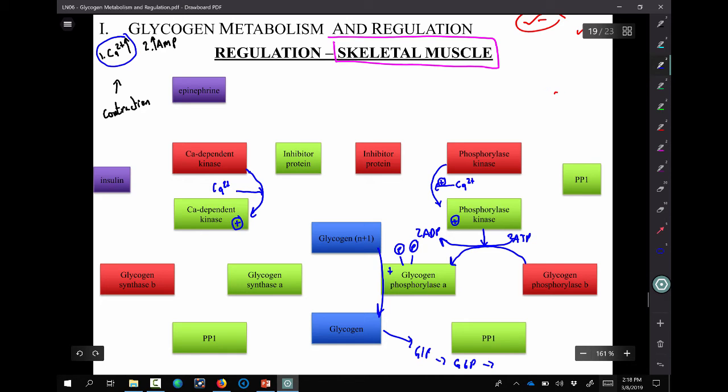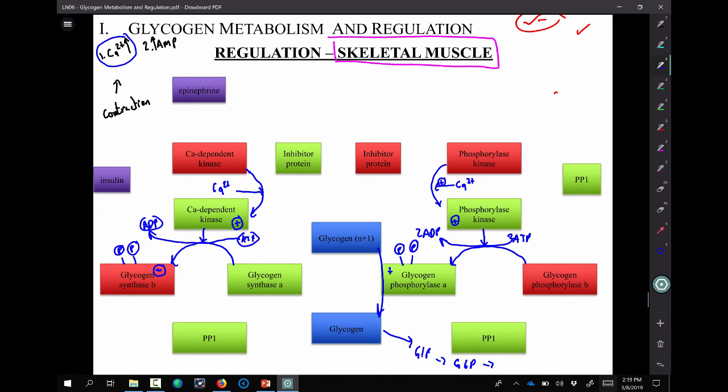That is going to phosphorylate glycogen synthase and inhibit it. And again, it can be fairly complex, but it's going to lead to overall net inhibition of glycogen synthesis.